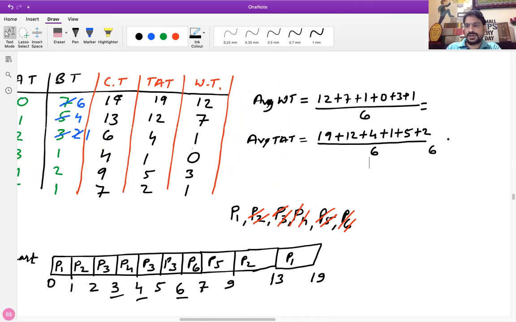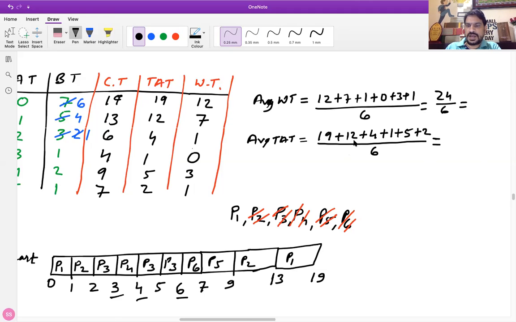So it will be, it is 19, 20, and 24. 24 divided by 6, right?